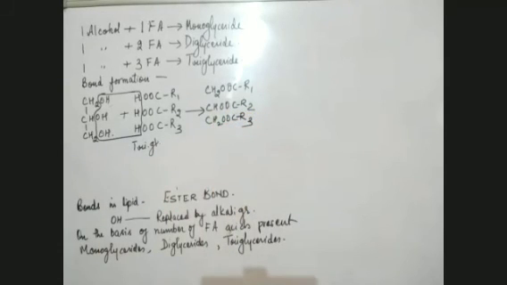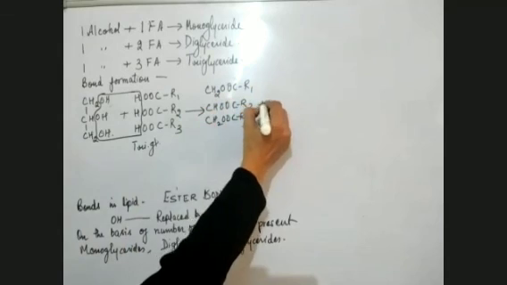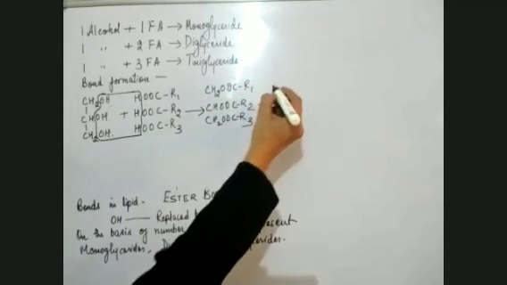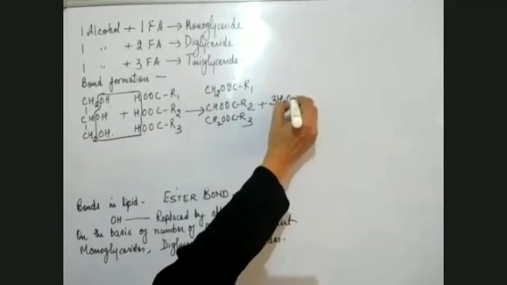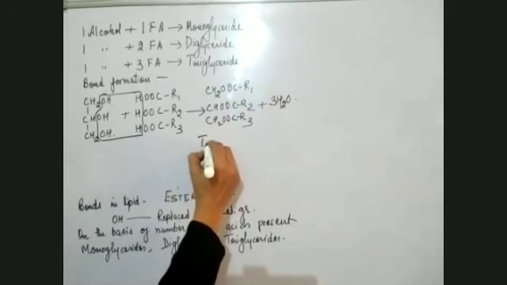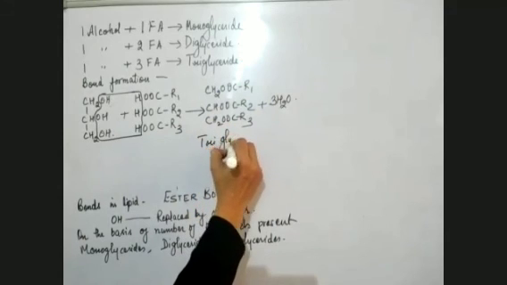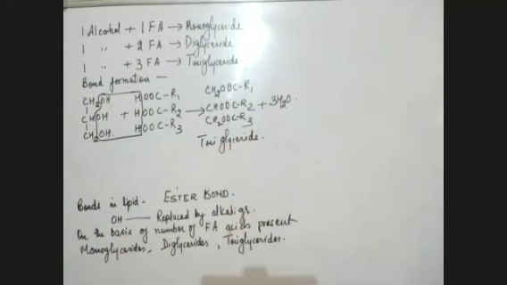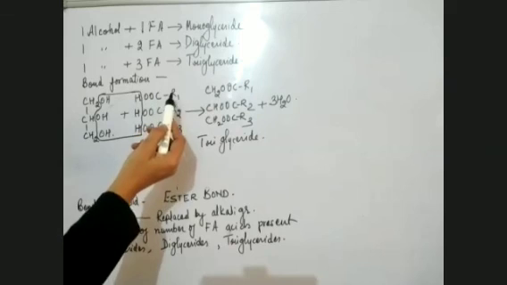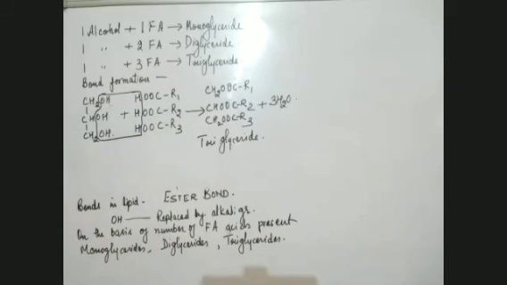This is what we get along with the formation of water, 3H2O. This is a triglyceride. A triglyceride is formed this way, when three fatty acids join with one alcohol. This is one alcohol, and these are the three fatty acids. So when one alcohol combines with three fatty acids, we get a triglyceride with the release of three molecules of water.